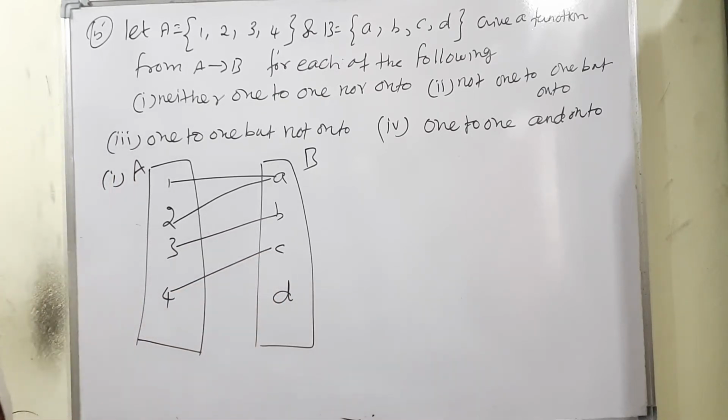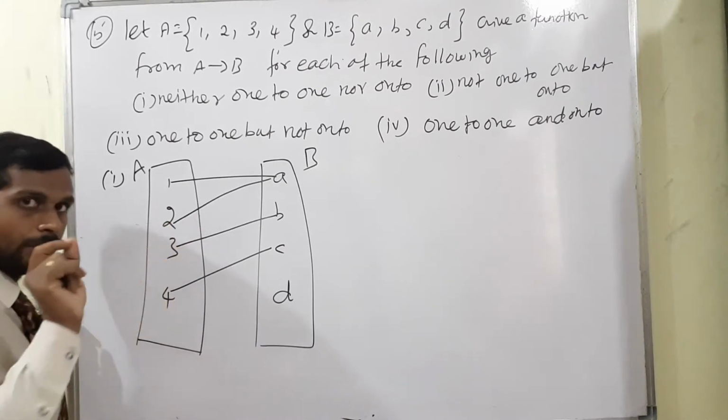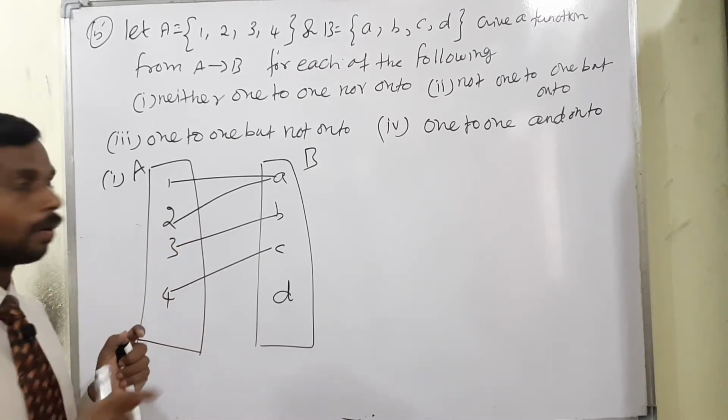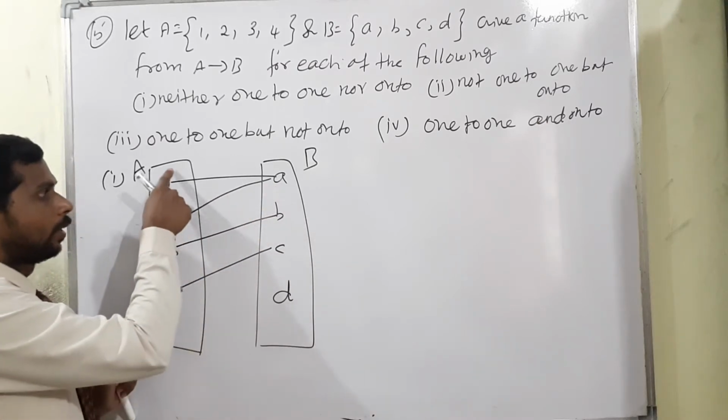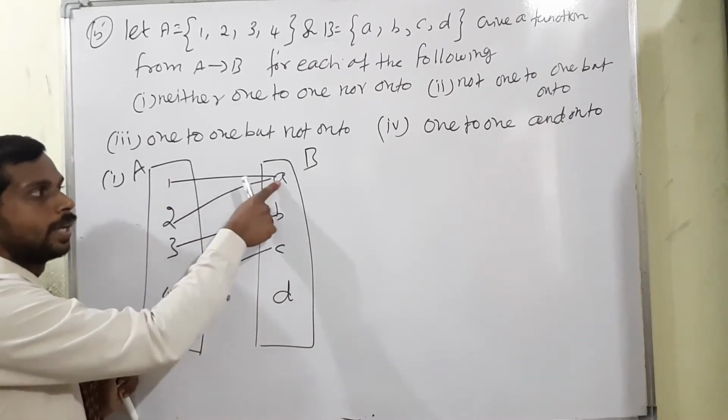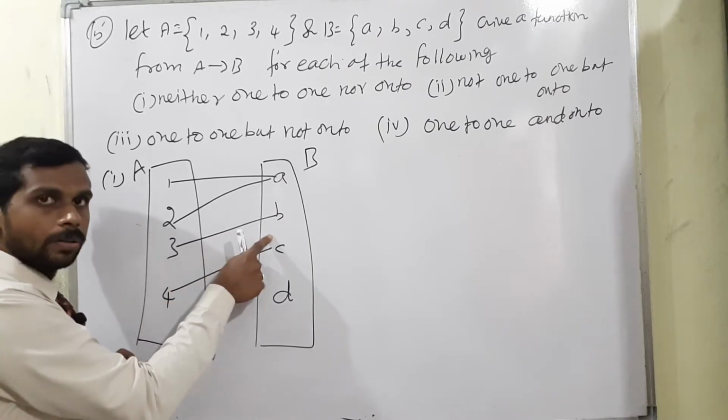Neither 1 to 1: we can say it is not 1 to 1. What is the meaning of 1 to 1? The definition is that different elements of A have different images in B. Here, two elements have the same image in B. That's why it is not 1 to 1.